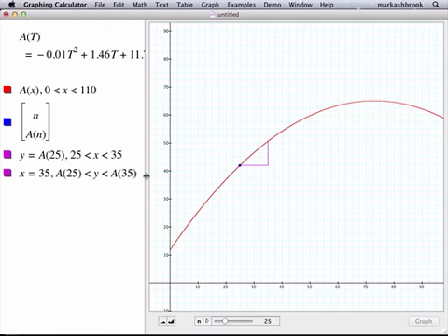Yes, sir. The change in attendance from 25 degrees to 35 degrees. Okay. And how can we represent the length of that line? You do A of 35 minus A of 25.